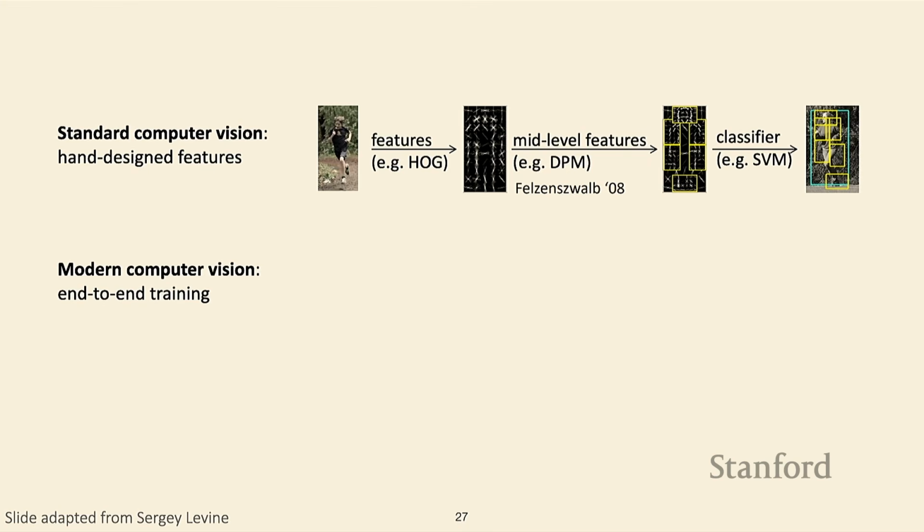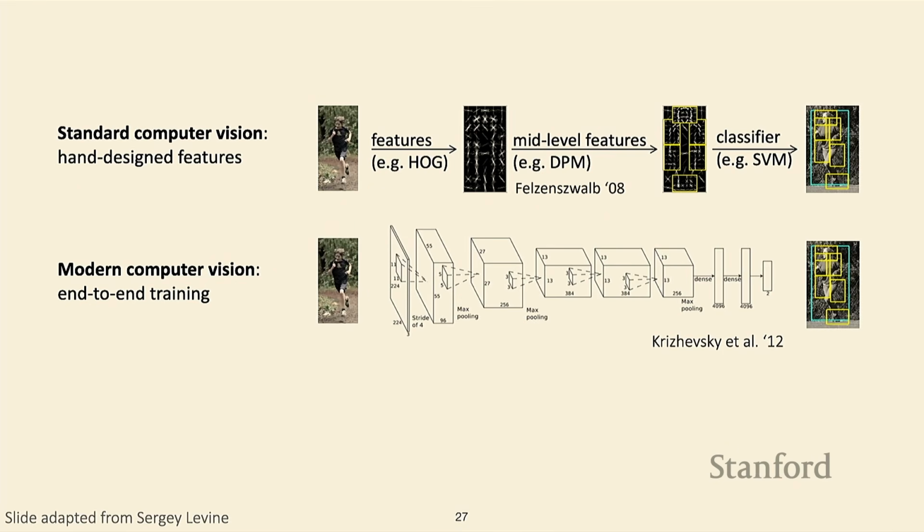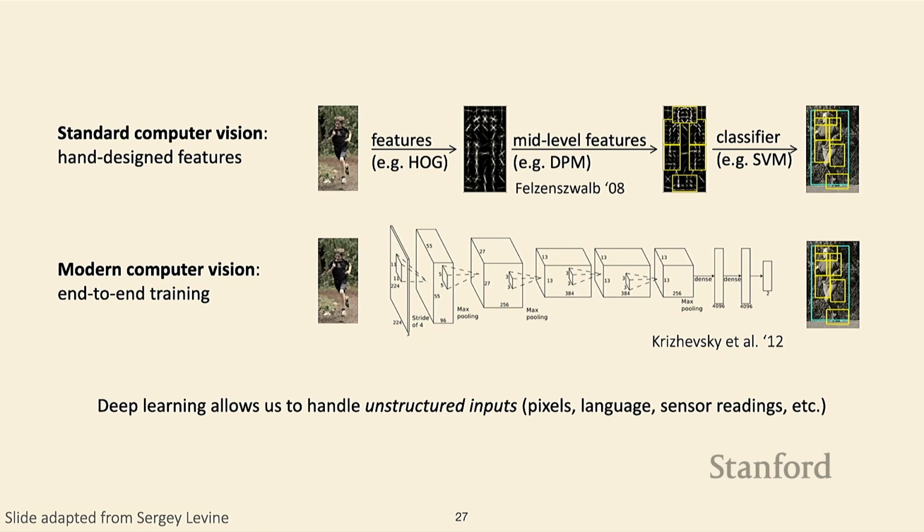The more modern approach to computer vision isn't to try to hand design low-level features and mid-level features and so forth, but rather to just train a single neural network end-to-end, train the parameters end-to-end to do the entire task. And there are some benefits to the former approach. You get some notion of interpretability, for example. But in general, the second approach works a lot better, which we'll see on the next slide.